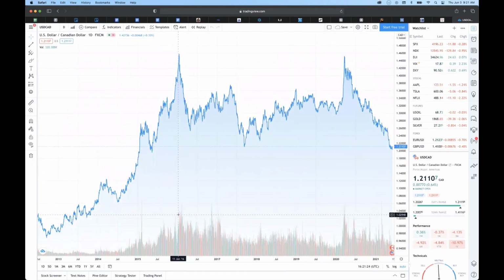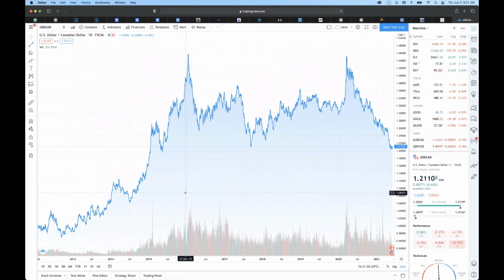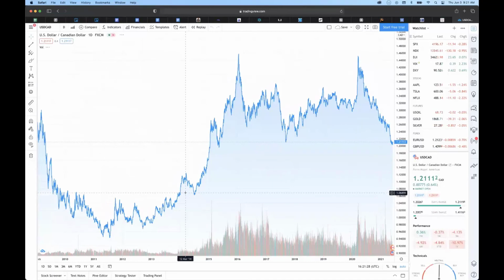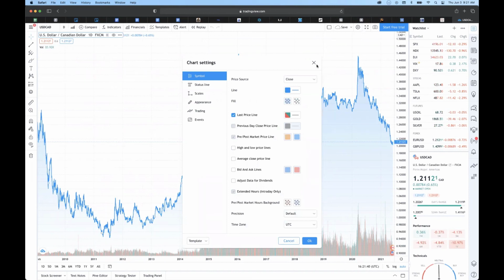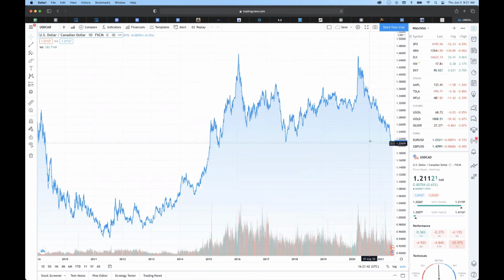So you can see we're at what I would call a critical point on this pair. And you might say, well, why is that considered critical? Well, if you look right here, this is a very critical line of support. And you can see that if it breaks to the downside of this, there is a large fall.